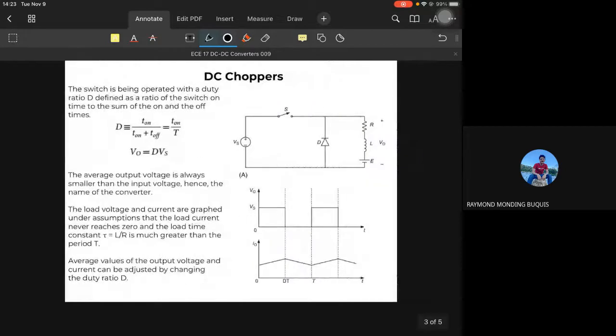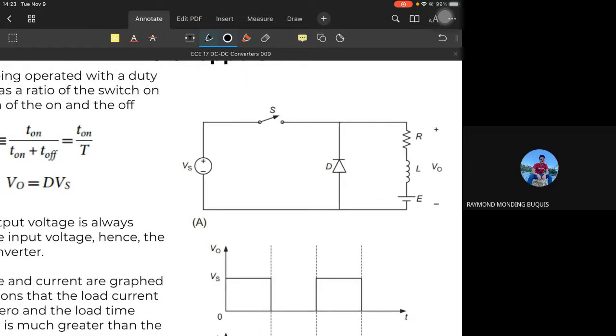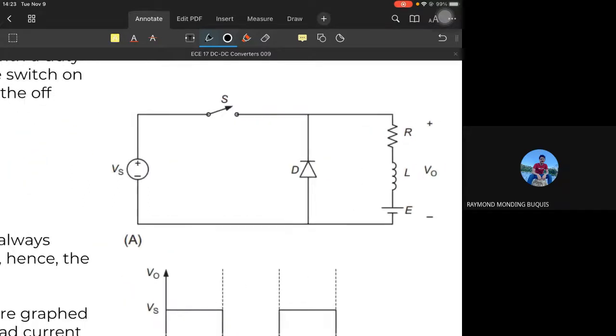Okay. So first, before we go further into the most common types of converters like buck and boost, we will cover DC choppers, the building blocks of more common DC to DC converters. So the circuit on the right is an example of a DC chopper for which the load is RL.